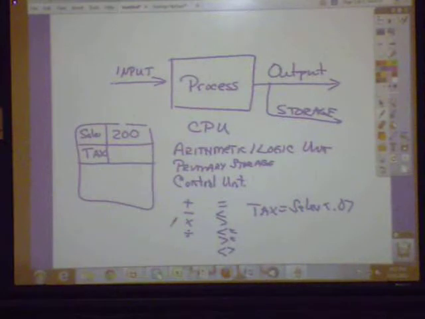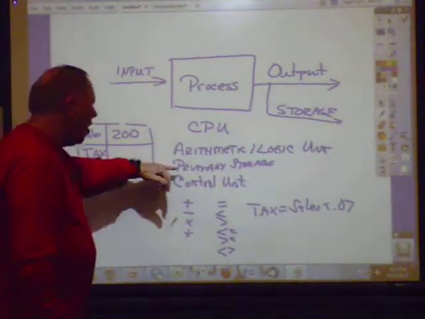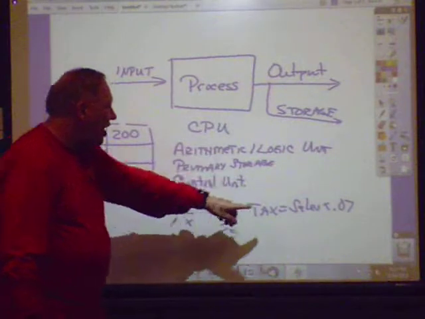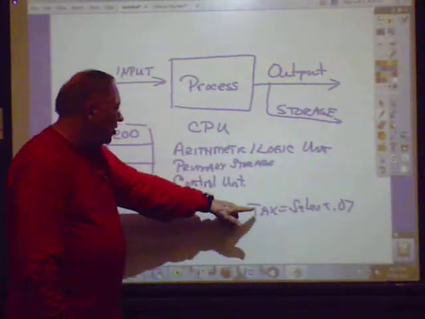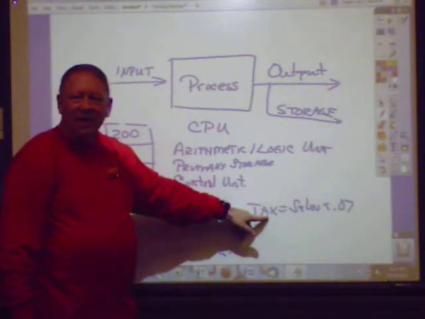And from that, it comes up with an answer of true or false, yes or no. And then the program has to say what happens if it's yes, what happens if it's no. All right, so it's going to take the sales times 0.07, and then the control unit is going to say, okay, we're going to put that in tax.